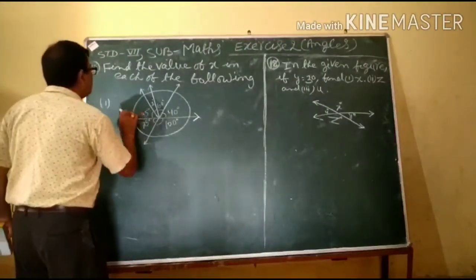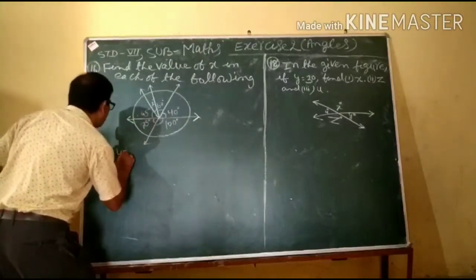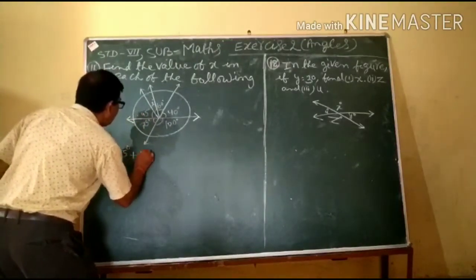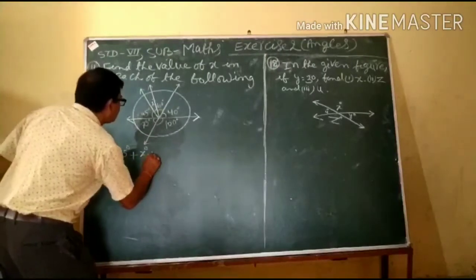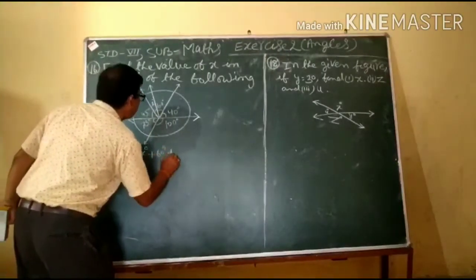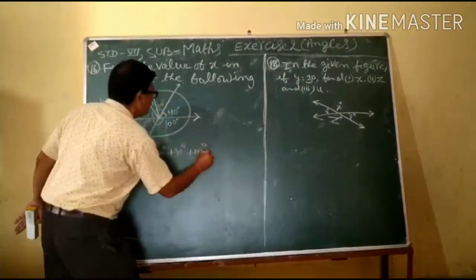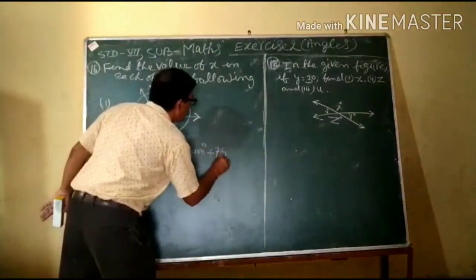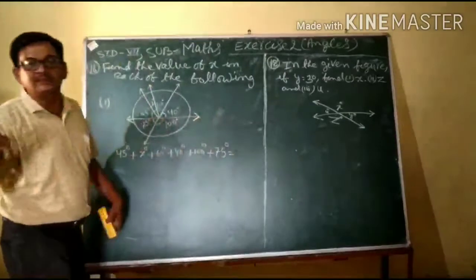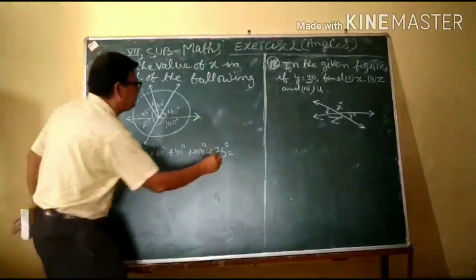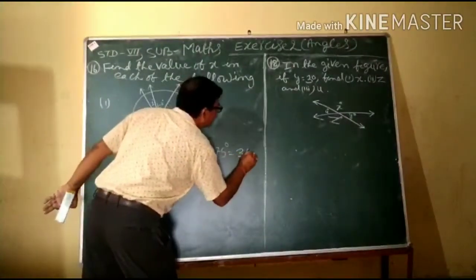So what will you write, my dear student? From here I am going to start: 45 degree plus x degree plus 60 degree plus 40 degree plus 100 degree plus 75 degree is equal to 360 degree.